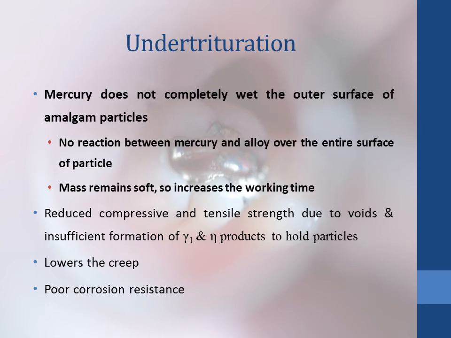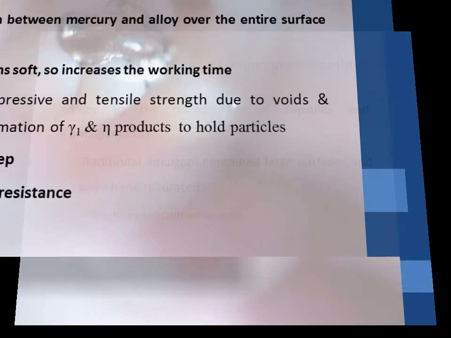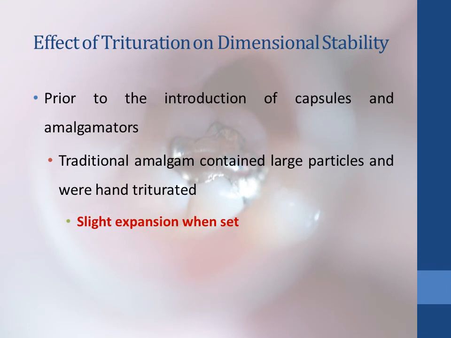So if both types of conditions in trituration are not met properly, it can lead to an ultimate effect on the mechanical properties as well as creep and corrosion resistance of the amalgam alloy. Now, what will happen to the dimensional stability?